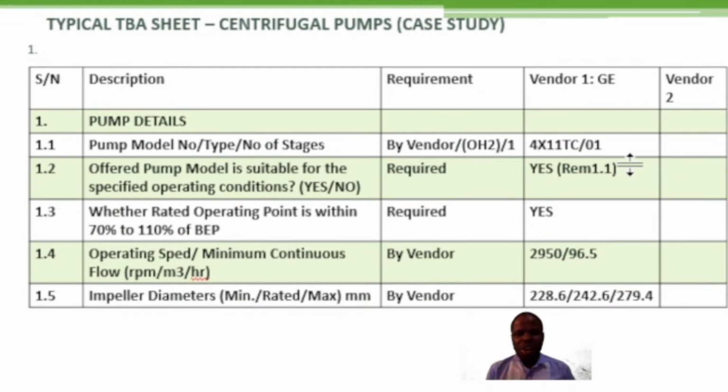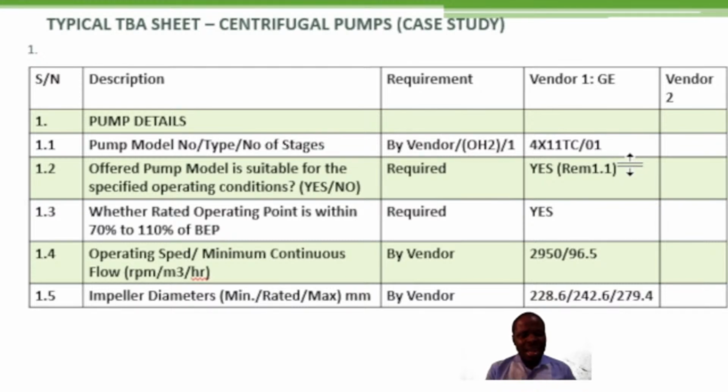So when a vendor is supplying a particular model to you, these are the things that you need to check. You have to check whether the model offered is from the existing pump model series of the vendor. Is it his regular manufacturing range? All right. Is the offered pump model meeting the minimum service and manufacturing experience specified?